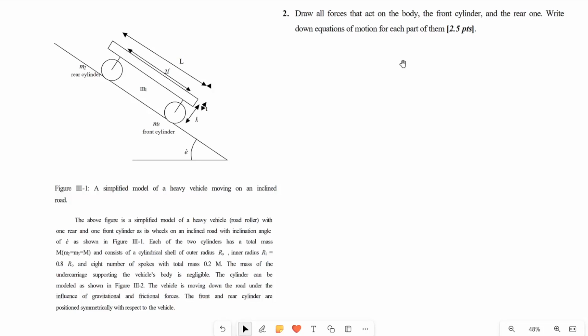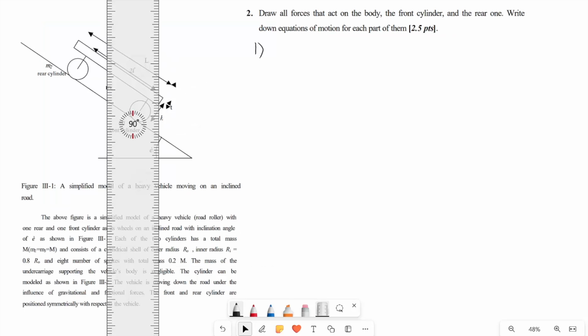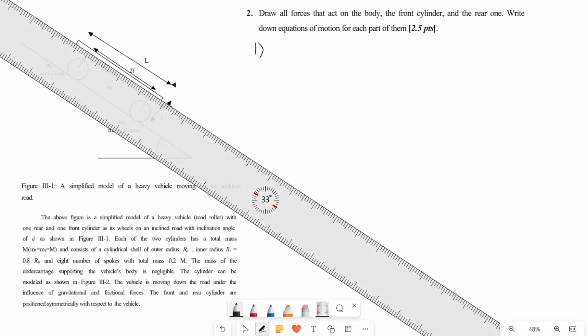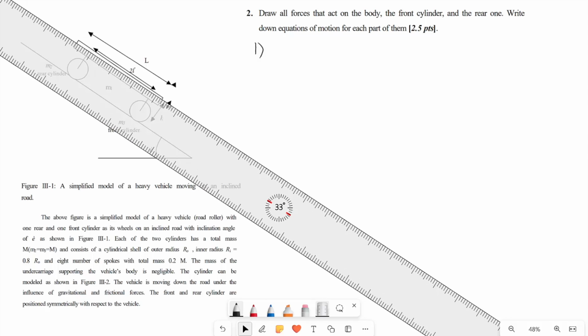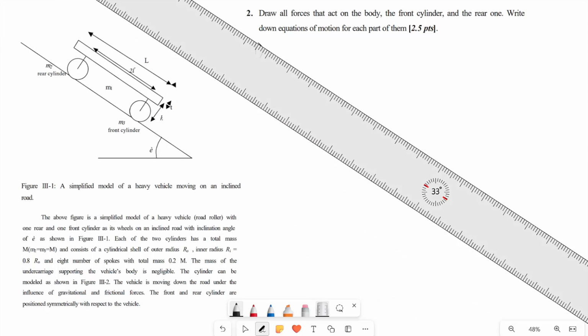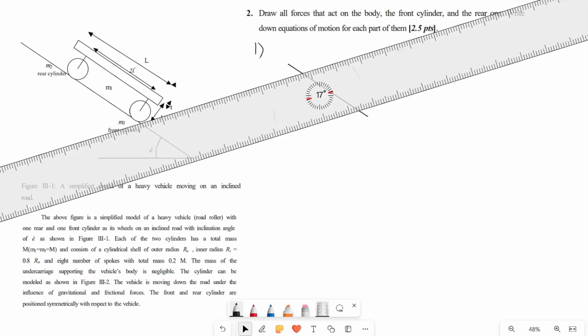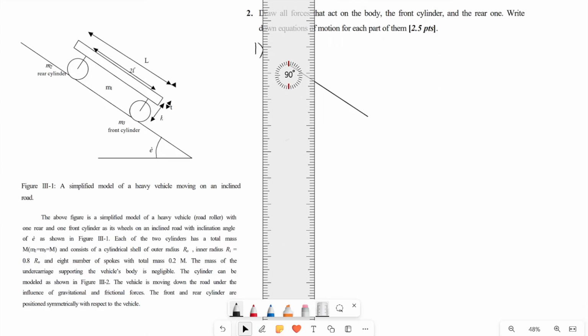So the first thing is the forces that act on the body. By that I presume they mean this horizontal frame. So I'm just going to redraw the frame so I can focus on these forces without having a diagram that is a little bit too cluttered. Okay, so this here is our frame. Now, what sort of forces are acting on it?